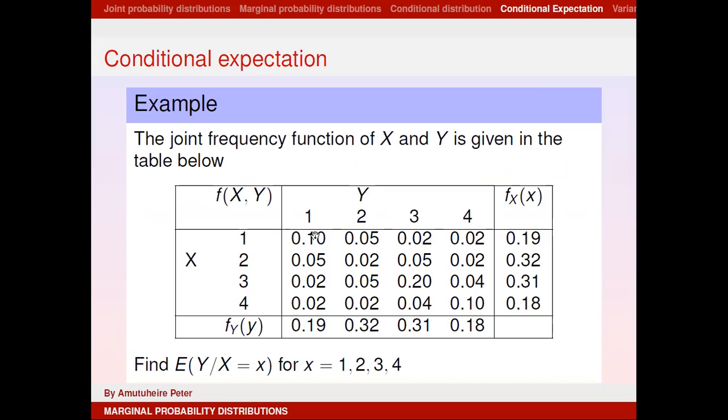So when we sum over this column, this is the marginal probability function of y given y equal to 1. When we sum over the row, this is the marginal distribution of x, marginal for x of 1, x of 2, x of 3, and so on. We want to find the expectation of the conditional distribution.